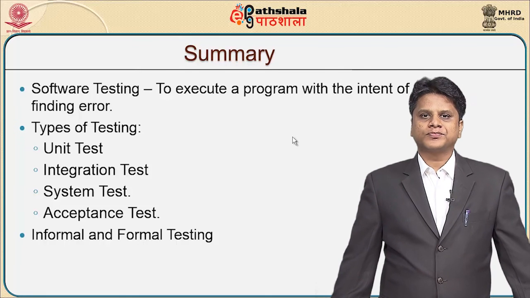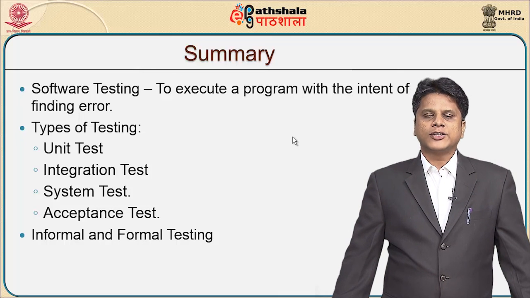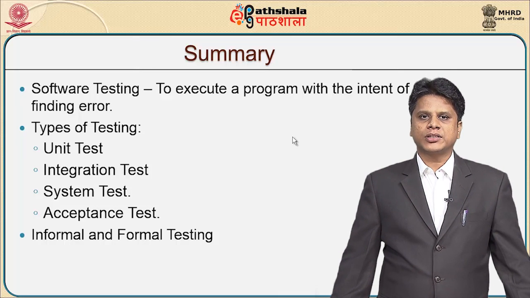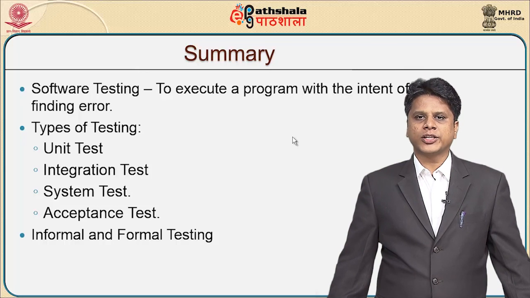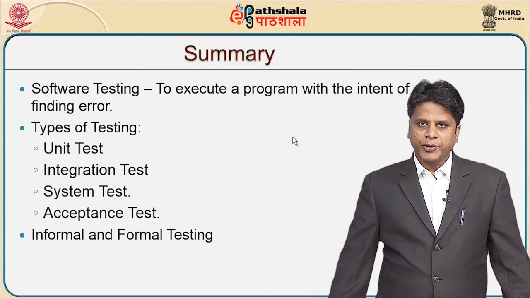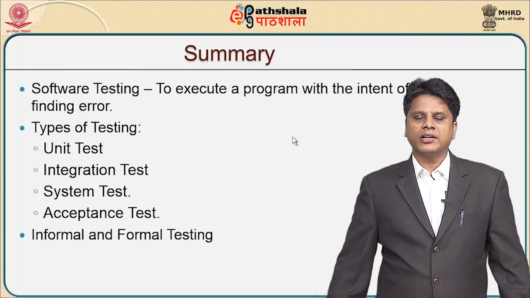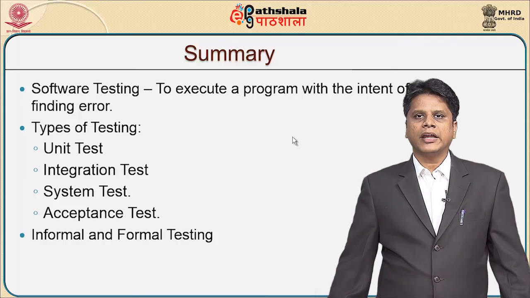In short, as a summary to this particular session, in these sessions we have been describing software testing. The primary objective with which we start software testing is to execute a program with the intent of finding an error. And in this session we have been looking at the different testing types, starting from unit test, integration test.